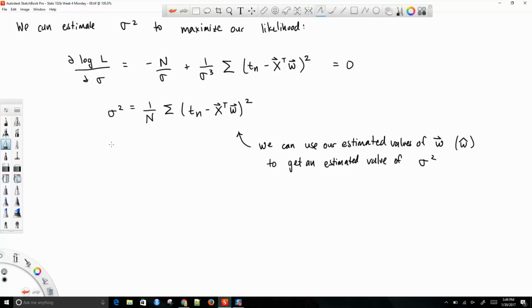And this is pretty much 1 over n of the sum of effectively y minus mu squared, right? It's our term for variance anyway: the difference between each value and the mean, except this time our mean is a function of x.